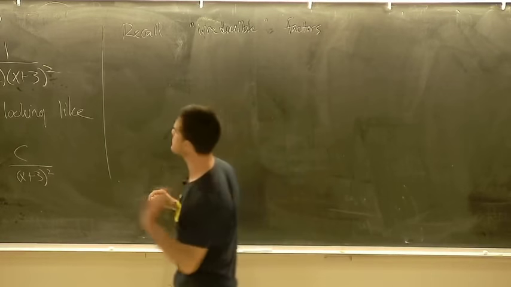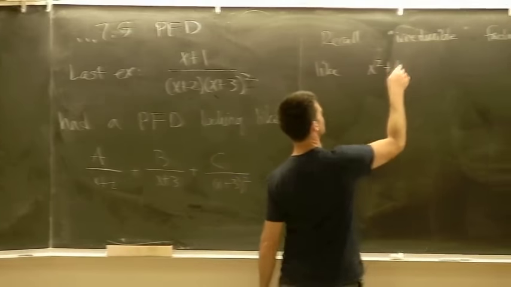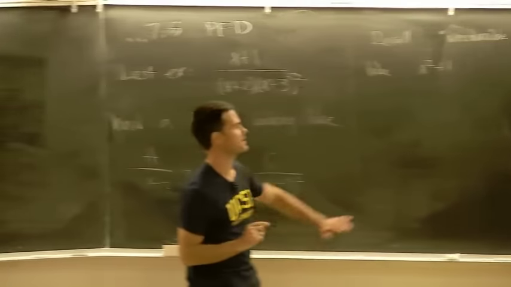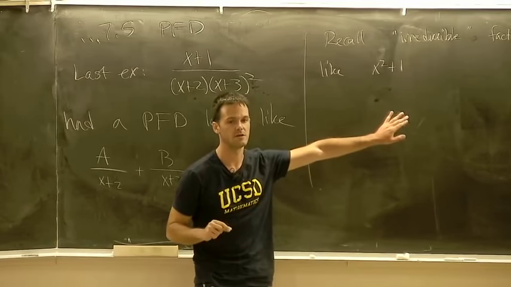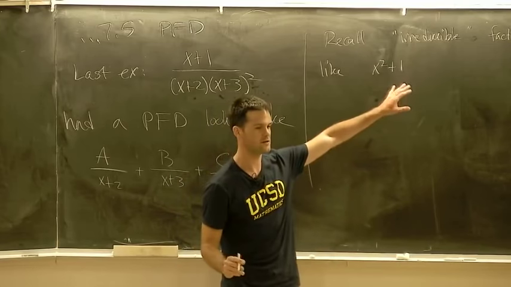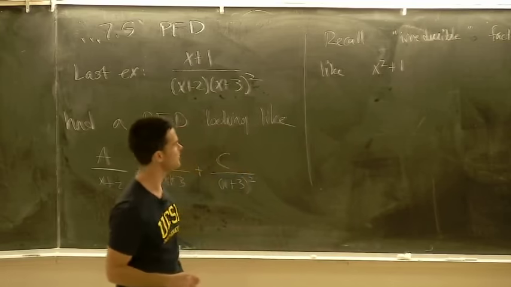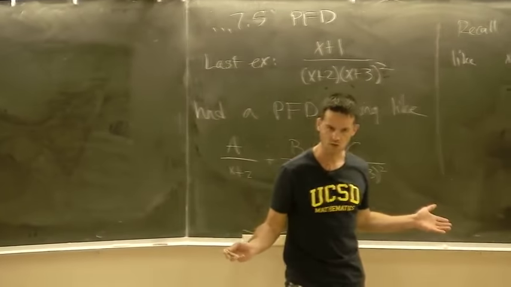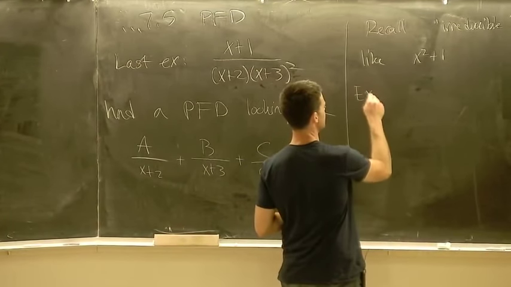The prototypical example is x squared plus 1. You can factor this using complex numbers, but you cannot factor it if we were just sticking to real numbers. So these are kind of like their own little pain to have to deal with. And here's how we deal with them. So let's just do an example.